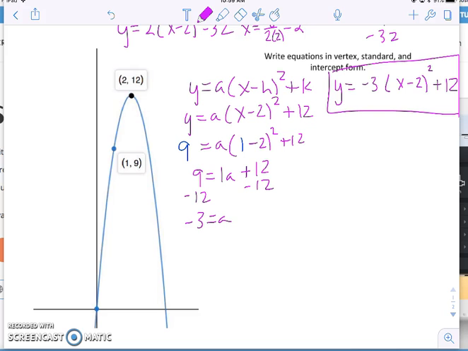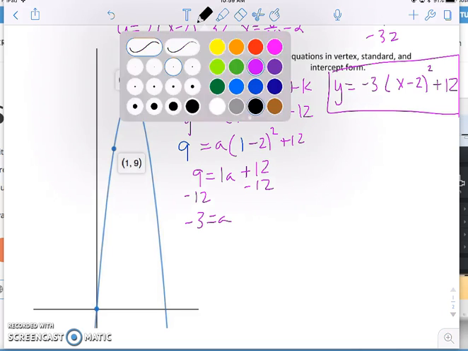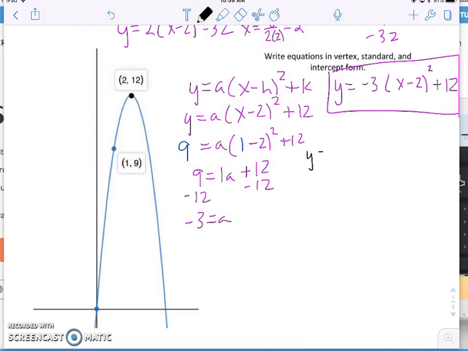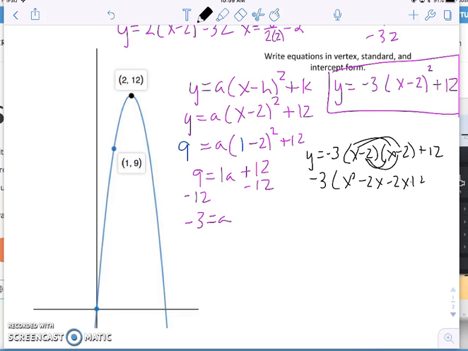It's standard because we just have to multiply this out. So we can take this, y equals negative 3 times x minus 2 times x minus 2, plus 12. If we multiply this out, we get x squared minus 2x minus 2x plus 4, plus 12.